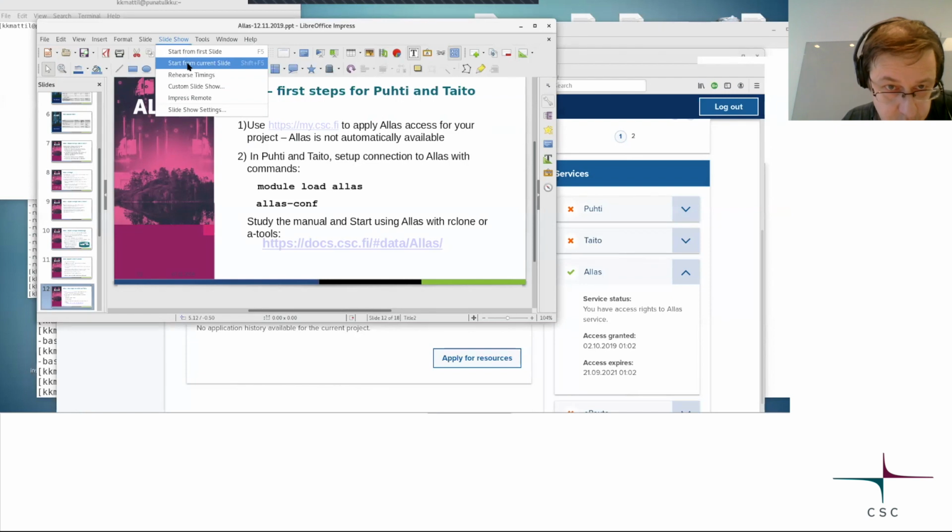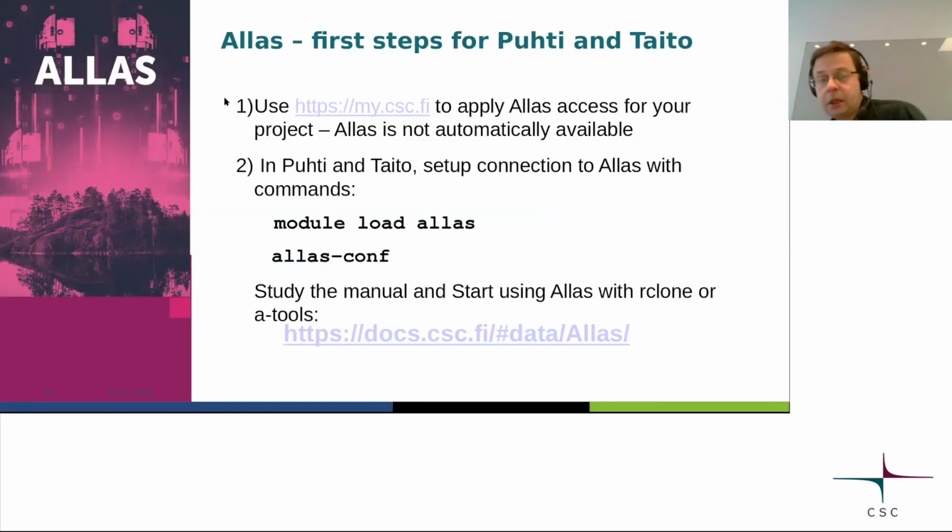Once you are in Puhti or Taito or in the data Mangler, which was just announced, which is the data transfer node, I will show that a little bit later on. You first set up the connection to Allas by running module load allas, which takes in use a set of commands that you use for Allas, and then you run the command allas-conf, which opens the connection for 8 hours and also allows you to select, if you have several projects in Allas, which project to use.